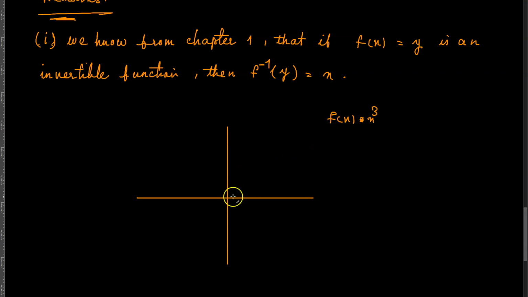Now f of x is equal to x cubed is some function like this. So that is your y-axis, that is your x-axis, and this function that you get here is, well, more or less f of x is equal to x cubed.